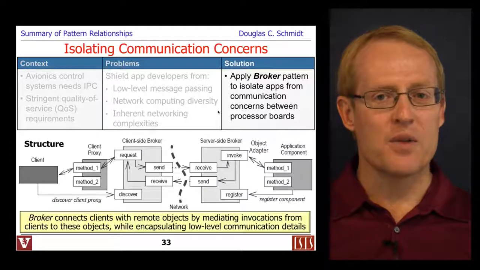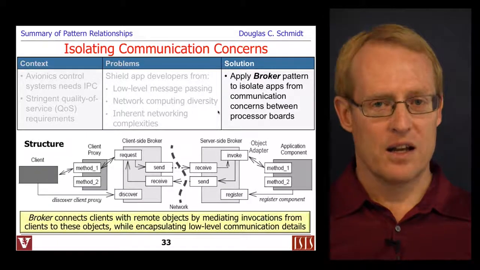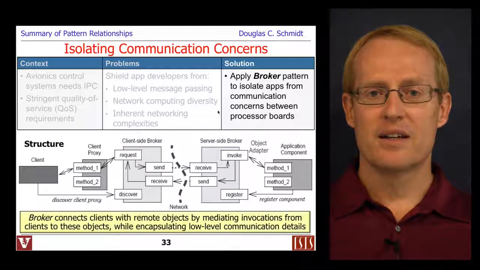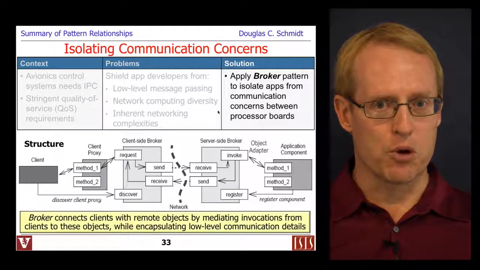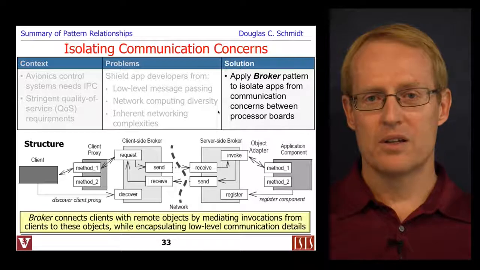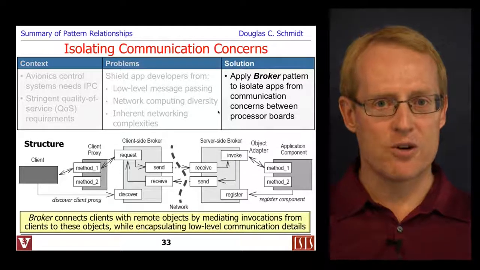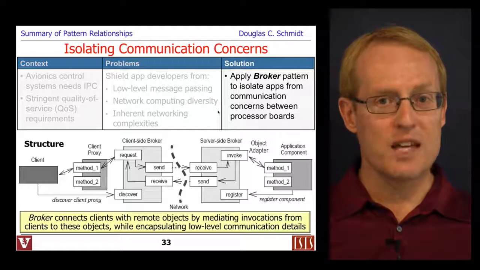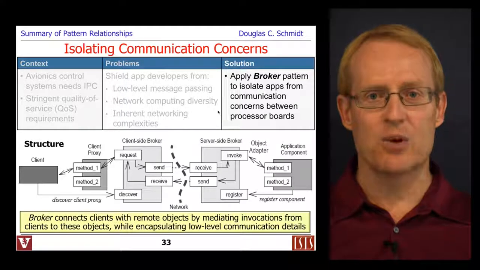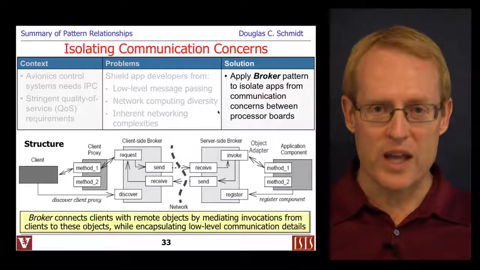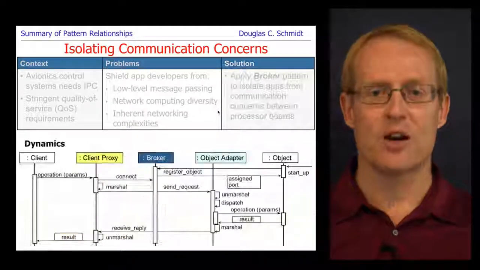What you typically do is you have a client make an invocation on a proxy. That proxy then uses the broker implementation to deliver the message corresponding to that method invocation across to the other address space, where it's received and reconstituted back into a method call on the remote object. And of course, you can have two-way communication and one-way communication and so on.